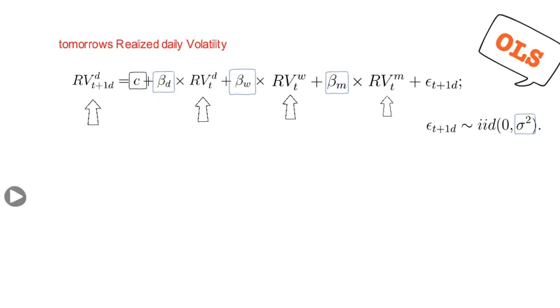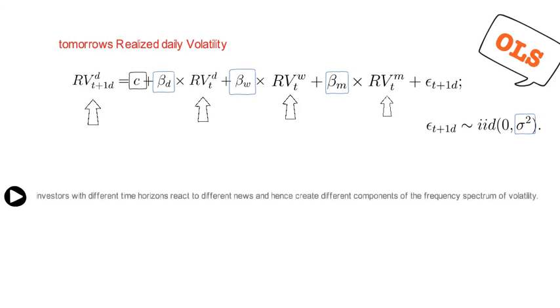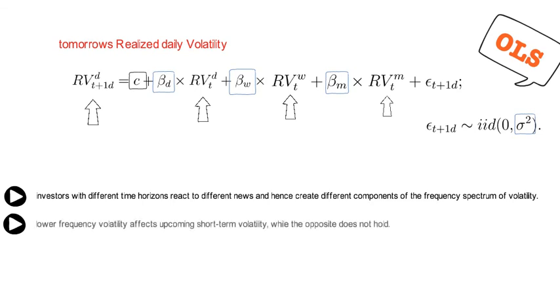Now, as for the underlying economic rationale, Corsi 2009 argues that investors with different time horizons react to different news and hence create different components of the frequency spectrum of volatility. Moreover, empirical evidence suggests that lower frequency volatility affects upcoming short-term volatility, while the opposite doesn't hold.